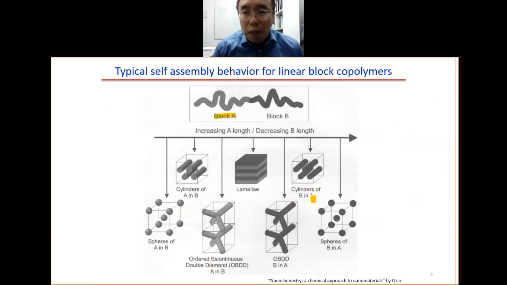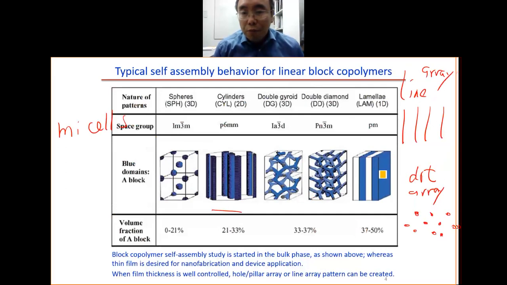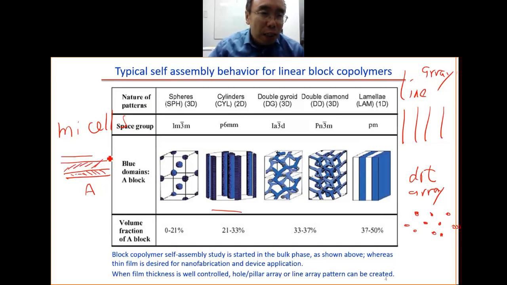So how about this example here? We have something similar. If the substrate wets A, you first get layer A, then layer B, and then layer A again, then layer B, something like this.